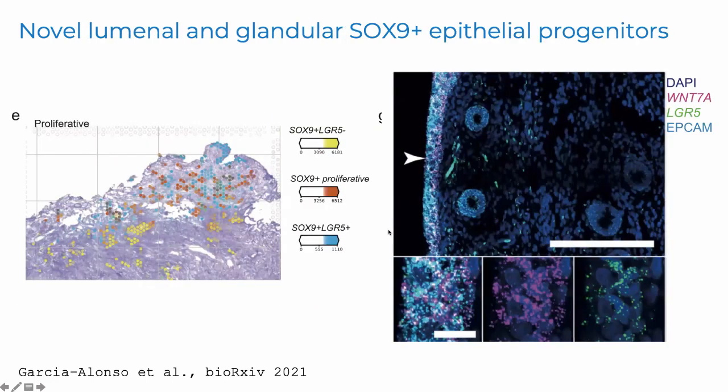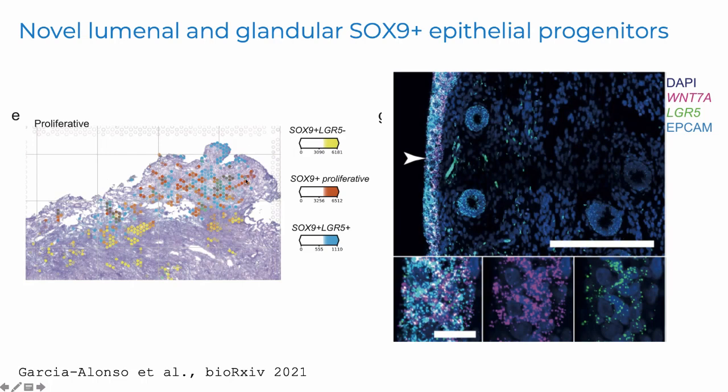Because we defined these SOX9 populations that depend on the expression of LGR5, we then wanted to see where they are located. To do that, we used spatial transcriptomics, and then we used cell2location to integrate it with single cell and deconvolve the wells.